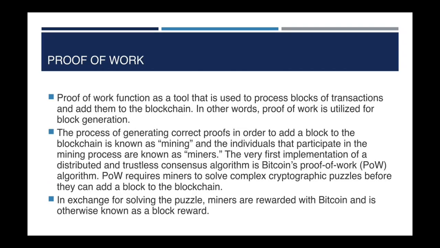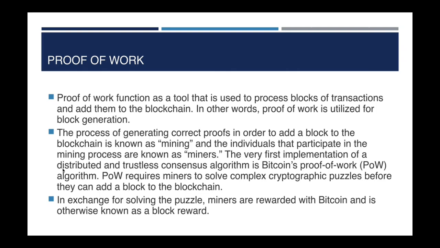Now let us understand what proof of work is. So proof of work is a system that is used to process blocks of transactions and add them to the blockchain. Here comes a term called mining. So what is mining? Mining is a process of generating correct proofs in order to add a block to the blockchain.